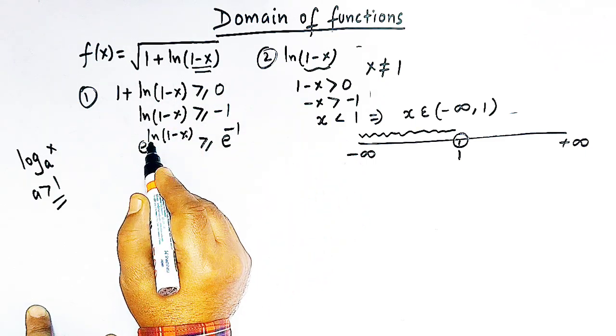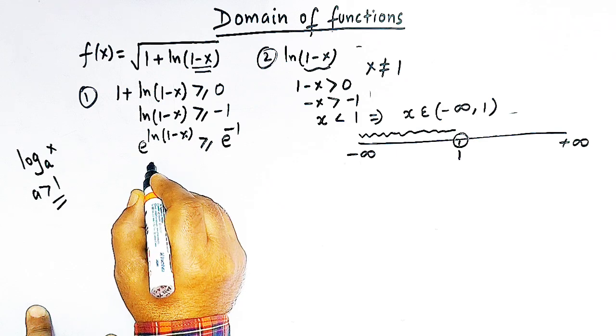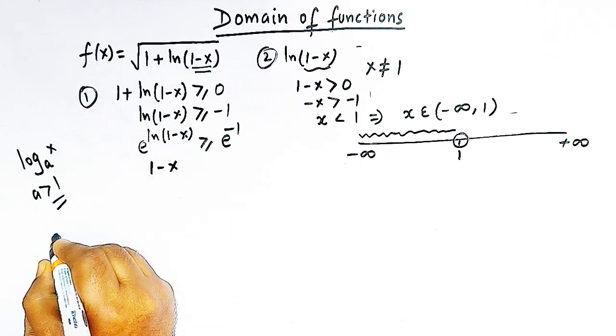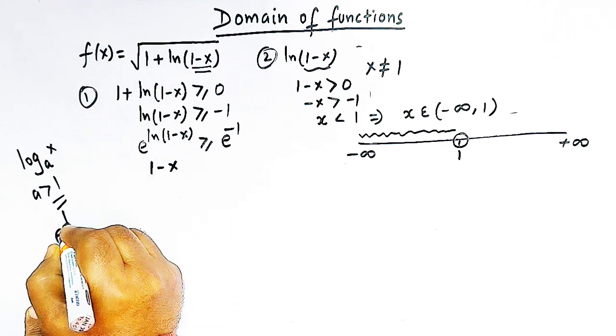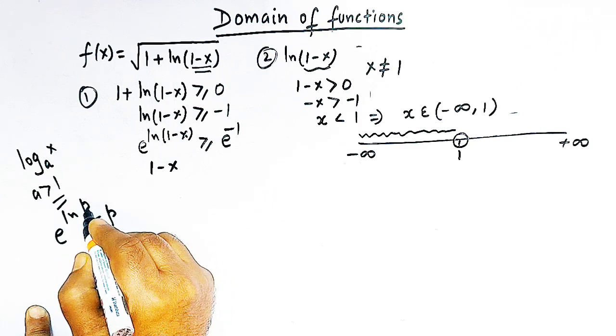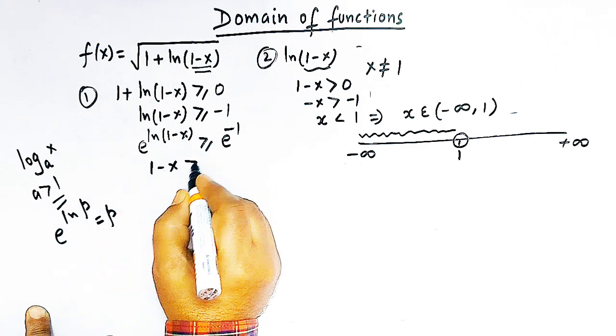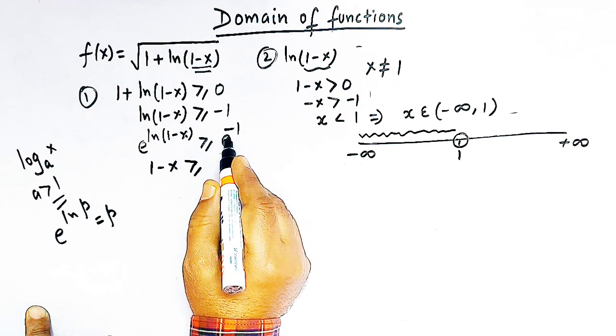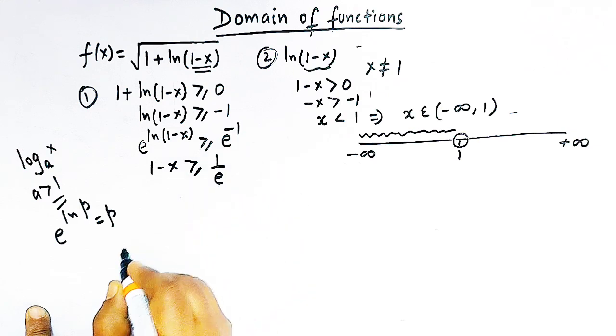Now e raised to natural log of 1 minus x is simply 1 minus x, because e raised to natural log of p is equal to p, and here p is 1 minus x. And e raised to minus 1 is 1 over e.